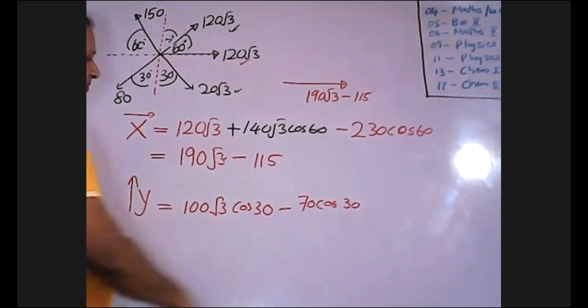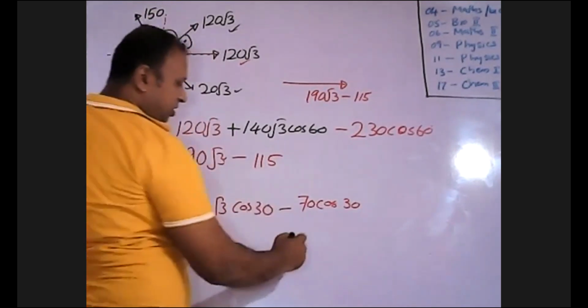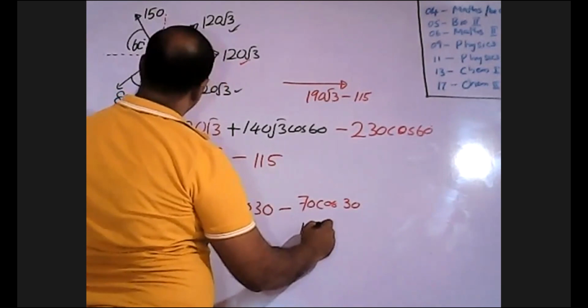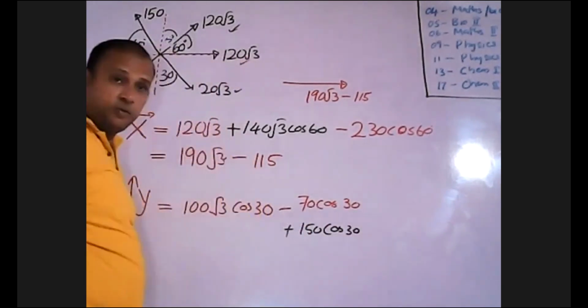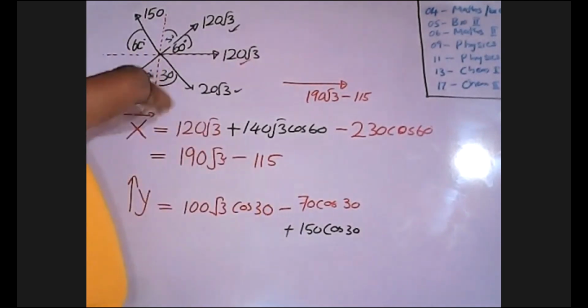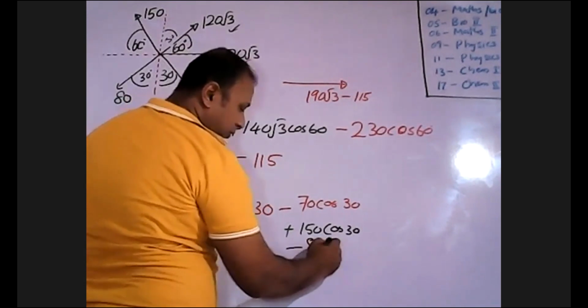Then again, this one. 150 in the upward direction, therefore it is positive. Then if I resolve 80, it is in the negative direction, therefore it is negative 80 cos 30.